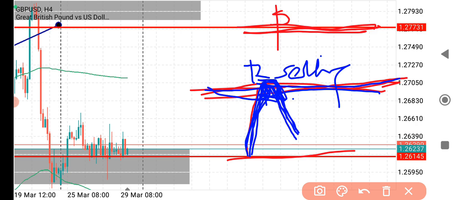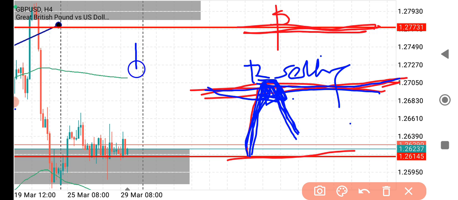Since we can't see the people, we need a sign, a proof that sellers are actually in this zone. And what will make us know this is by knowing the behavior. This behavior is only ascertained by the knowledge of our candlesticks. So we want to see a reversal candlestick.